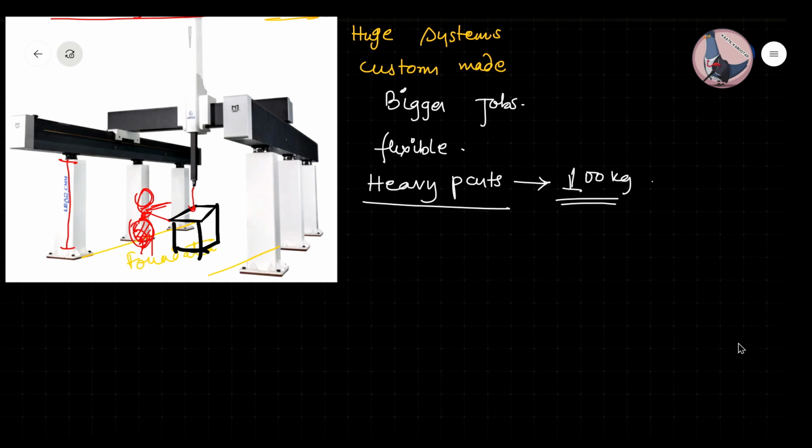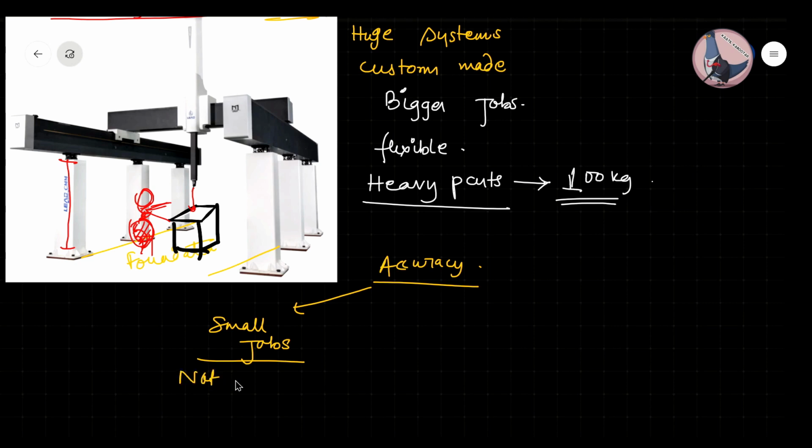Now the problem of accuracy I will discuss. Suppose there is a small job, then for small jobs this will not be very accurate, not a good option. And the reason is very simple: if there is a very small job, then this big system will have its own inertia.